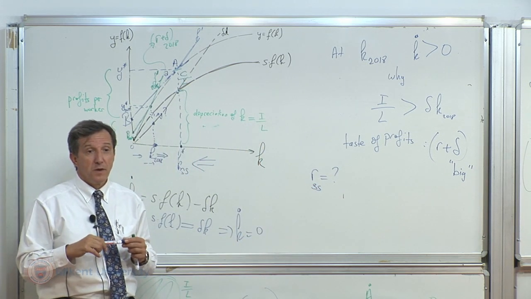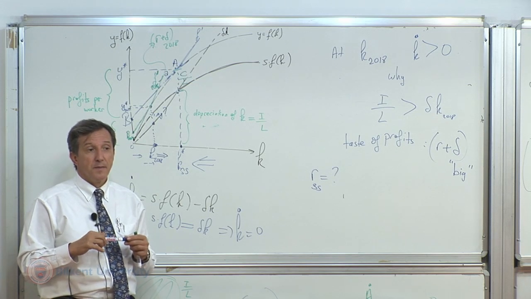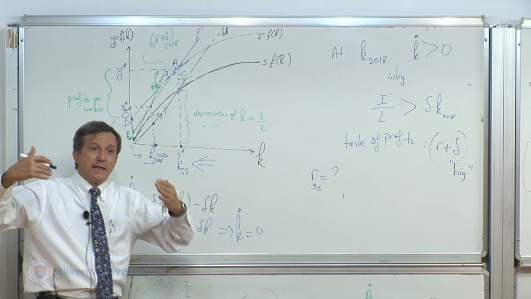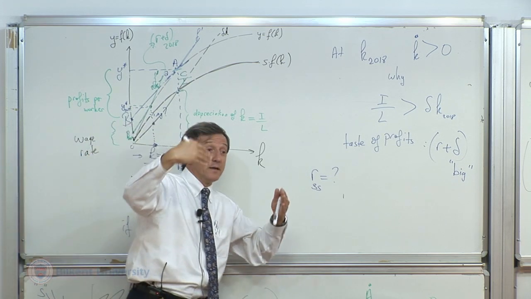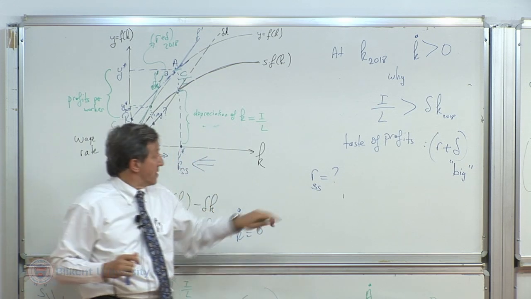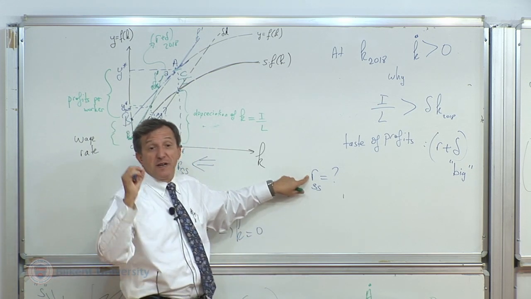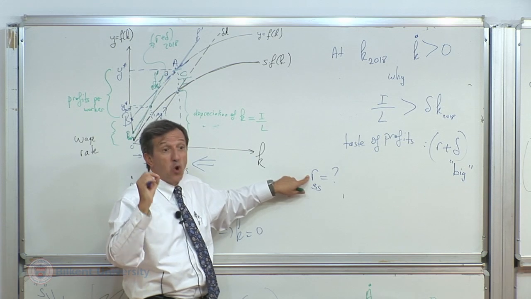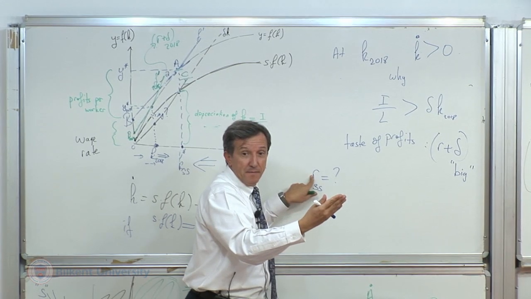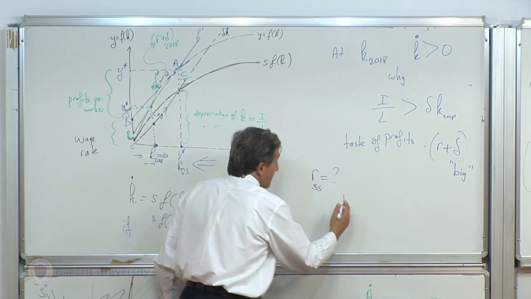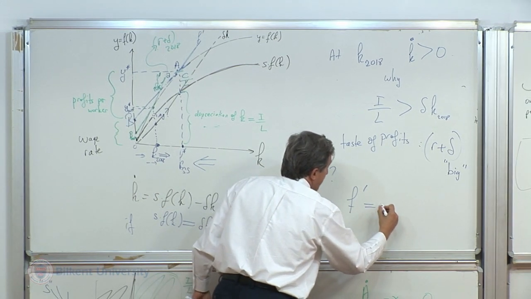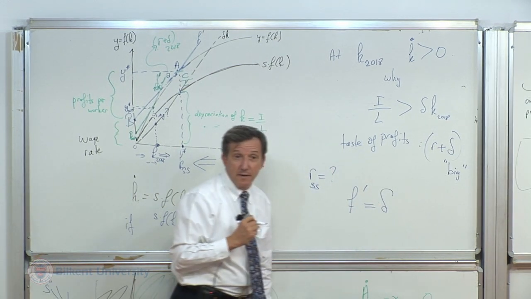Because the profits and the depreciation will be equal, because I have saved and invested to the extent that if there is any opportunity for net positive profits, then I invest more. I expand my capital. At steady state, the marginal product must be equal to delta.